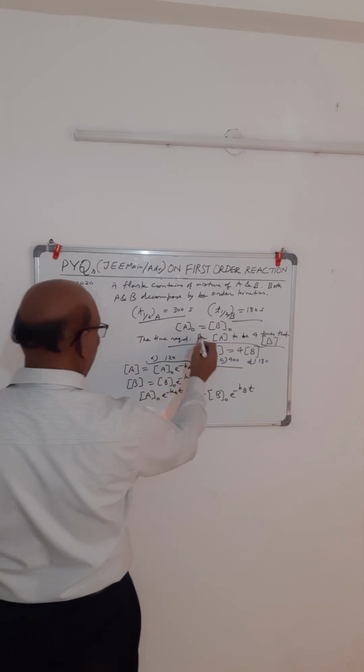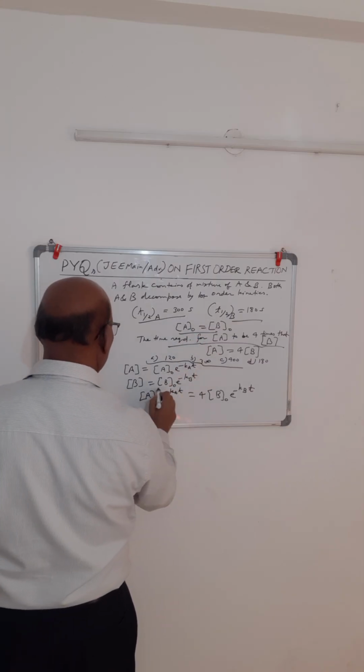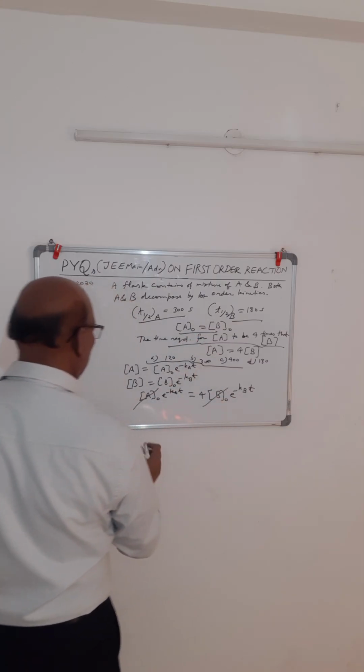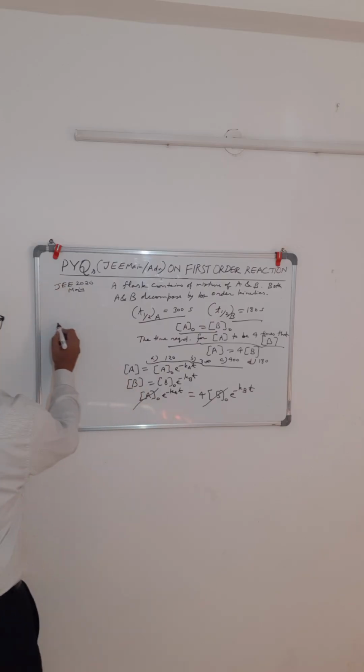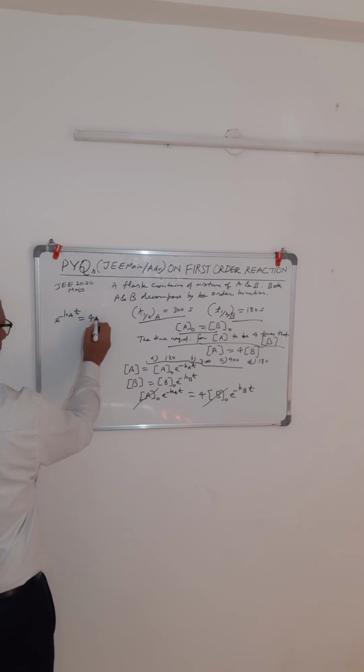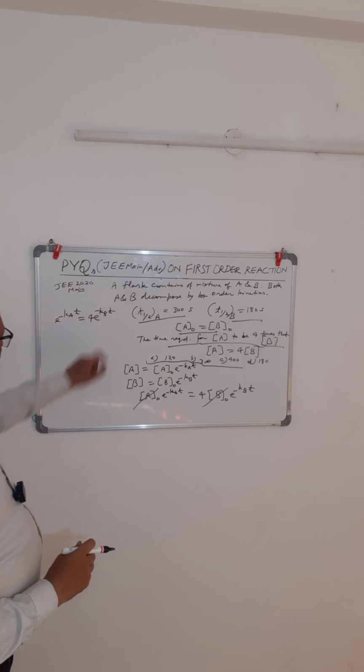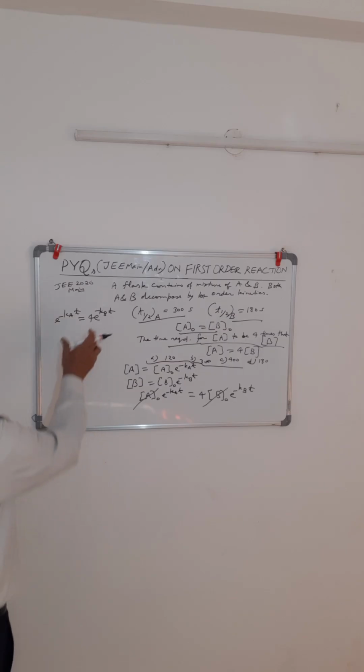Now it is given that A naught equals B naught, so this will cancel out. So we will get e raised to the power minus kAT equal to 4 times e raised to the power minus kBT. We have to find the value of time by solving this.